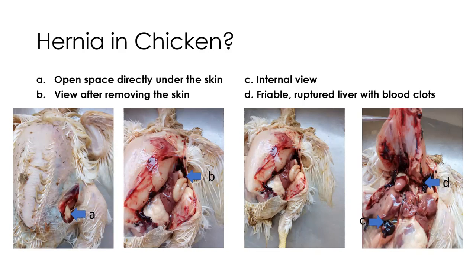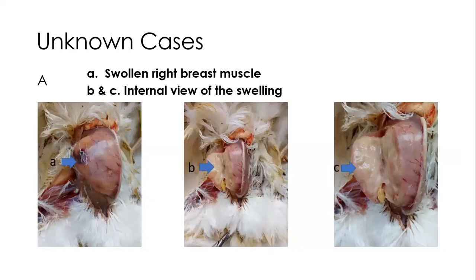And I realized that there was no form of muscle under that skin. So I said probably it's a hernia in chicken, who knows? So I decided to bring it here because you may also have the opportunity to see such a thing while doing your postmortem. So this is another unknown case.